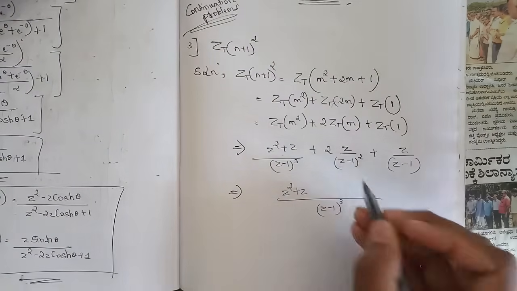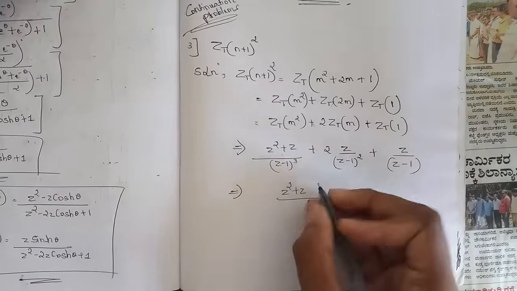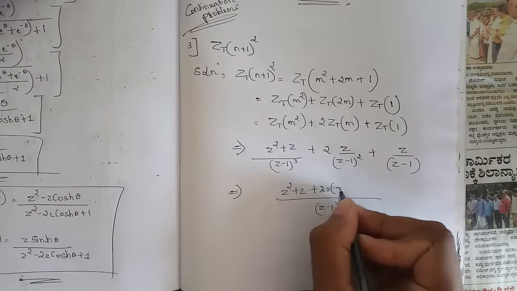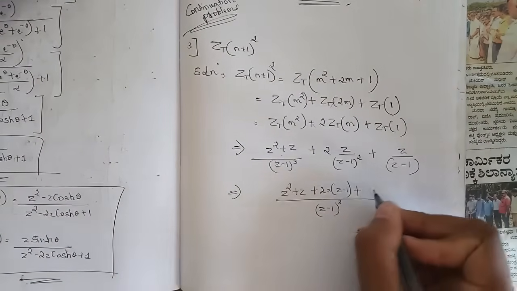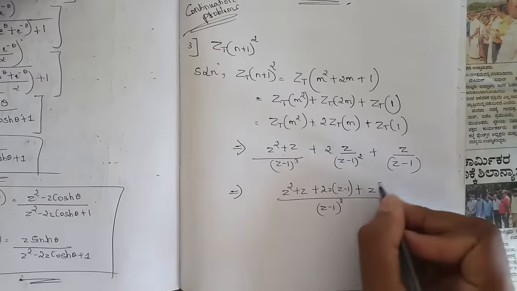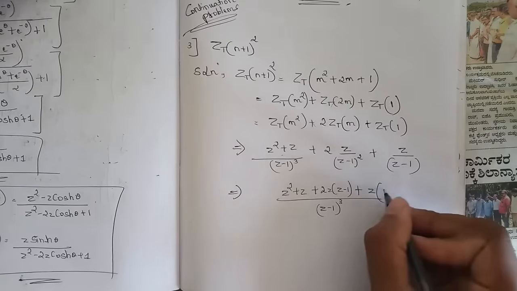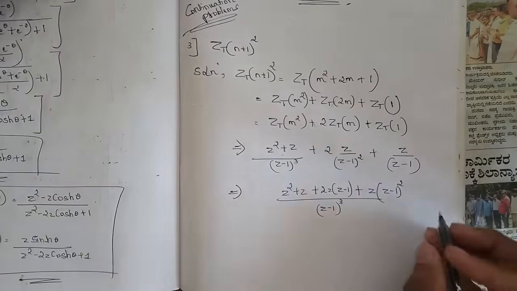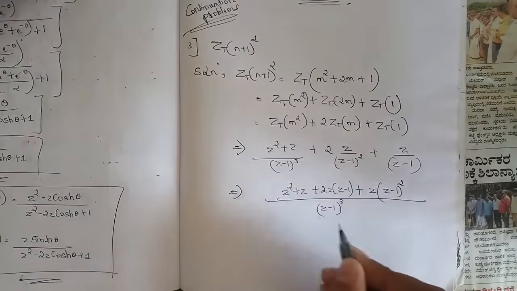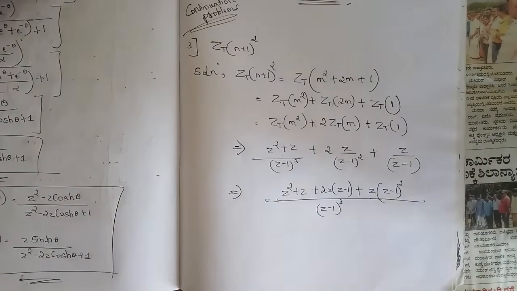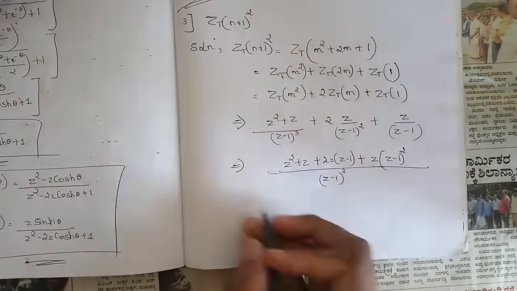So we need to multiply one z minus 1 term along with this 2z. Plus z into, there is z minus 1, so in order to make this z minus 1 whole cube, we need to multiply z minus 1 whole square. This is basically just taking the LCM. You guys might be knowing this.